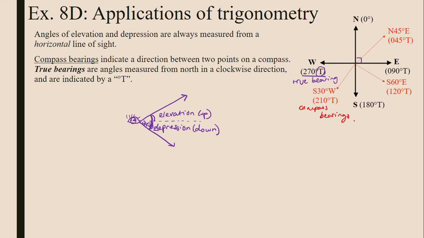So what we have in this case, north 45 degrees east, so smack in the middle of north and east. I've traveled from the north 45 degrees to get to the easterly direction.